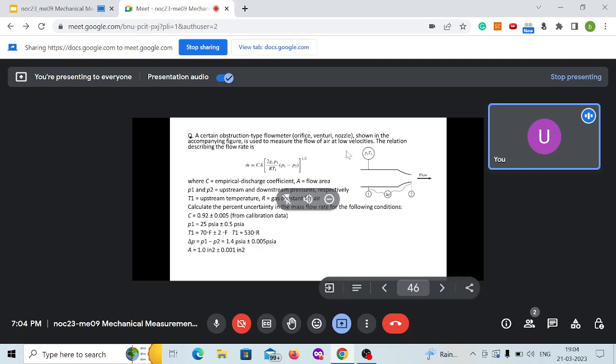The relation for the flow rate is given as follows: m dot, which is the mass flow rate, equals a constant, which is the discharge coefficient C, times the area A, times 2g, where g is the acceleration due to gravity, times P divided by RT1, the temperature which was measured, times P1 minus P2, which is the delta P, the difference in the pressures, all raised to the power half.